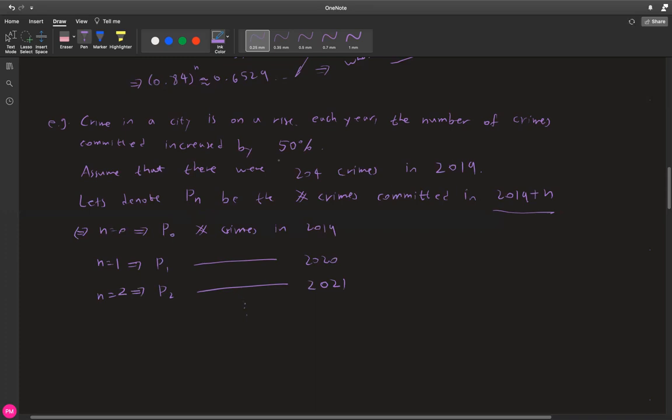So we already have the 50%. And that's the growth rate.